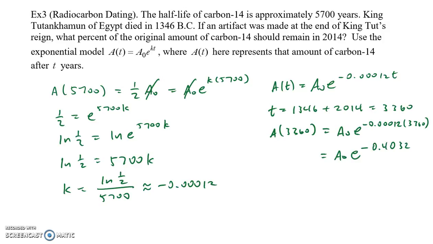Then, using a calculator, using the second ln function on our calculator, we can approximate e to the negative 0.4032.